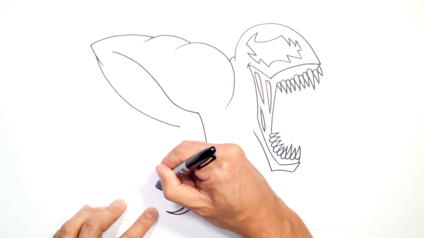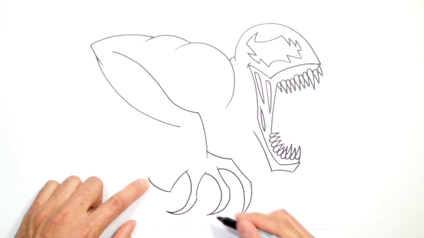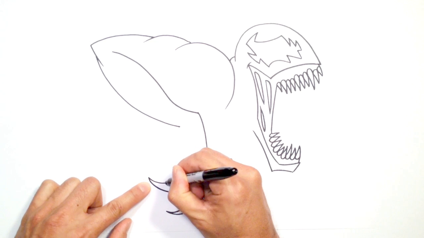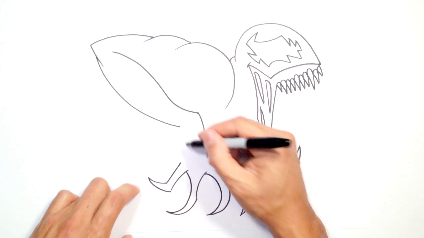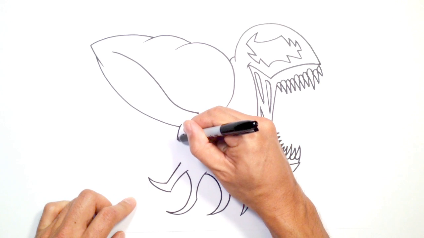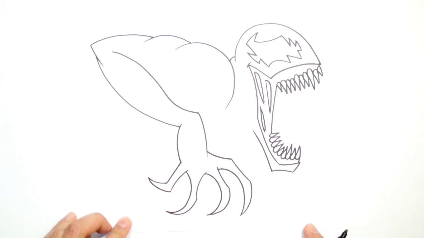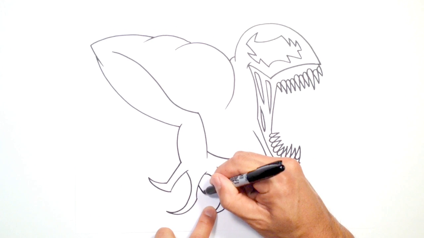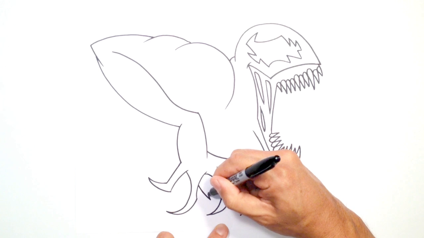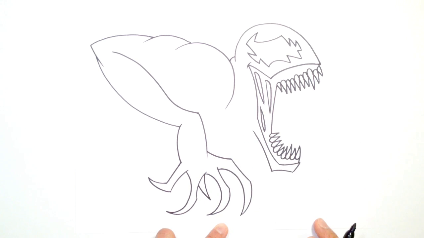Now curve this back pretty far here. Now from here, I'm just going to stop right about here, draw a straight line to the back of the hand. Now I'm going to do an overlap on this side and just close that off. Okay, so there's your claw hand. I'm going to draw the thumb in the back here, so I'm just going to draw a curve like this and then tuck this back behind there.